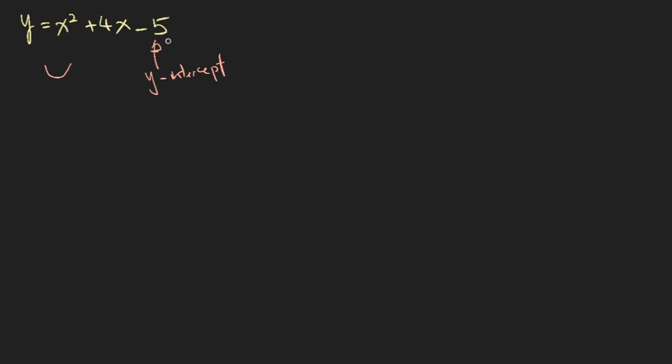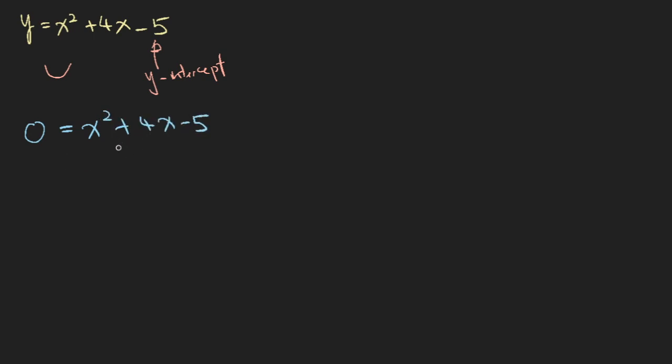So what else do we know? We want to find the x-intercepts, and the x-intercepts occur when y is 0. So let's find the x values for y is 0.